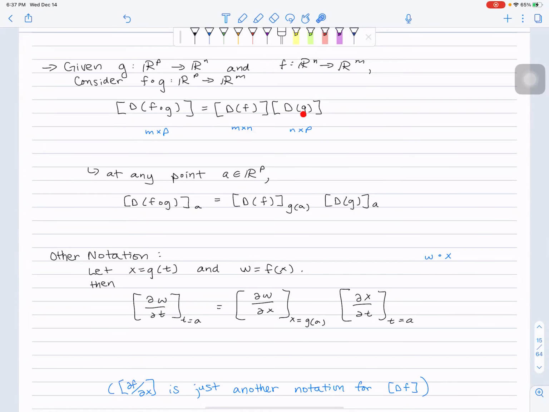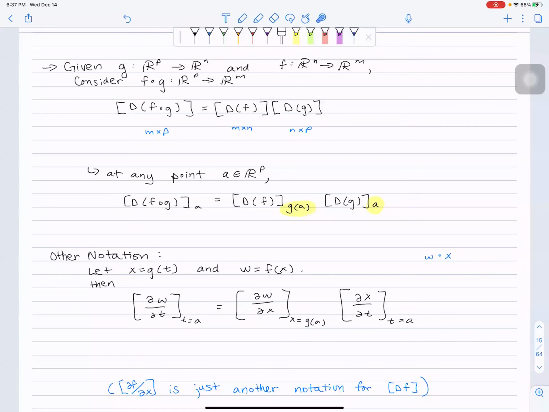But if you're finding this derivative at a specific point, here is where it's important to remember what your inputs are. The input to df should be g of a, not your point a. And the input to dg should be a. So this is important. This has to be g of a, and this has to be a whenever you're doing chain rule.